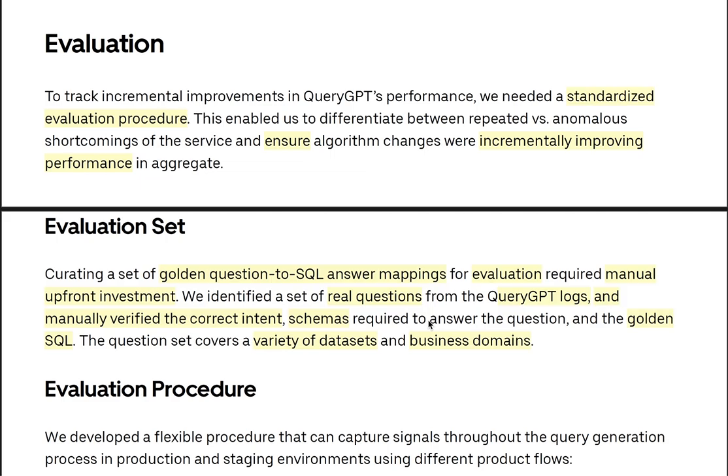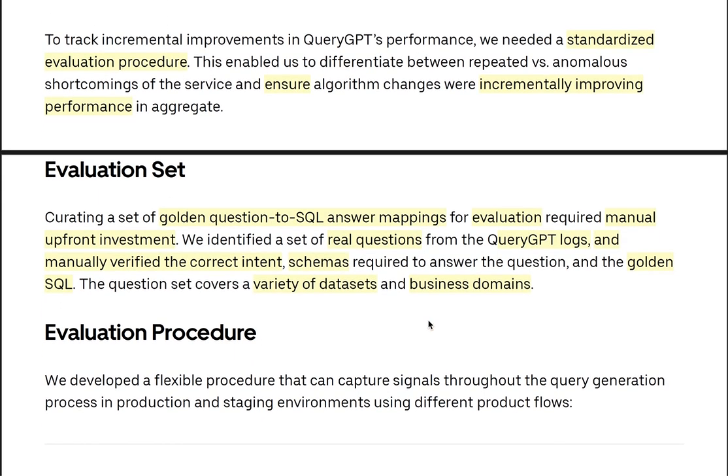Obviously not all types of data sets or workspaces can be included, so the best they could do was find the most relevant ones and identify the right intent for each question, the right schemas, and make the right golden SQL query. This serves as the ground truth against which they compare all the outputs from each of the iterations.